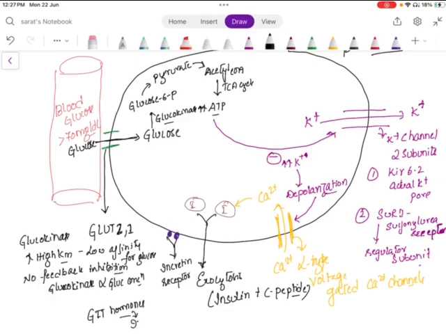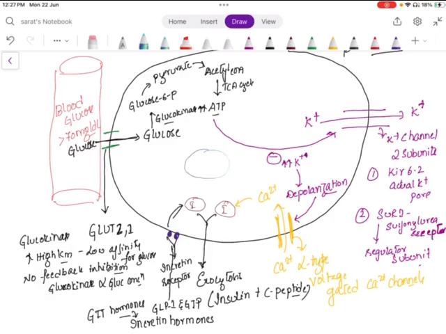These GI hormones are called incretin hormones. They are nothing but GLP-1 and GIP. They directly act on incretin receptors, and these incretin receptors will cause exocytosis of insulin granules and cause release of insulin.